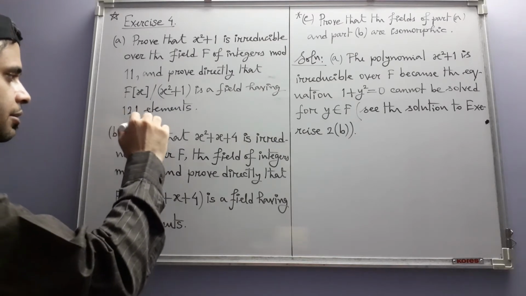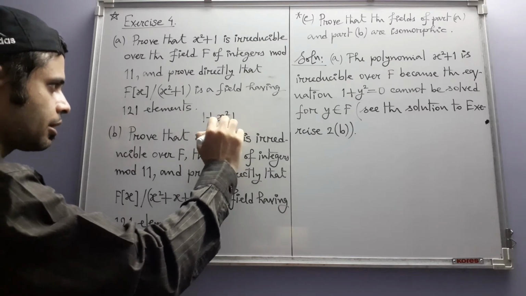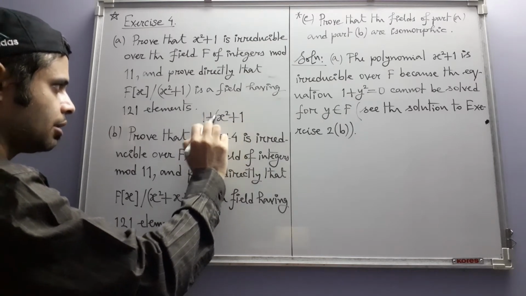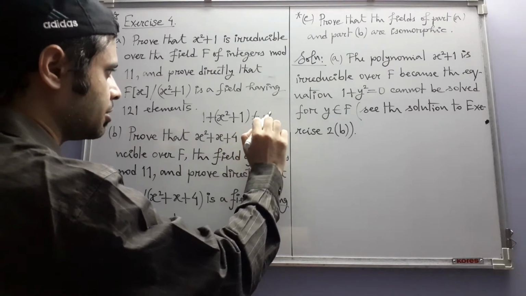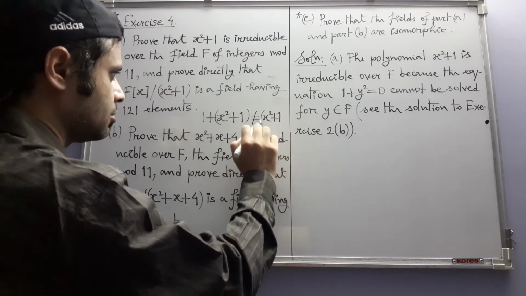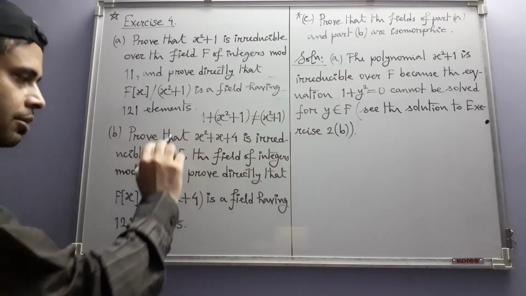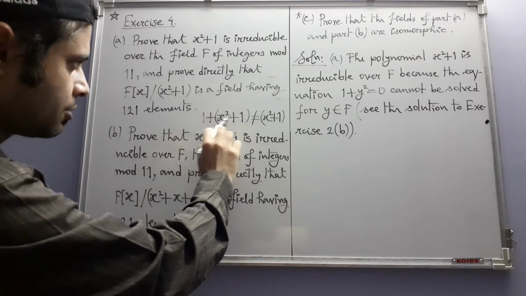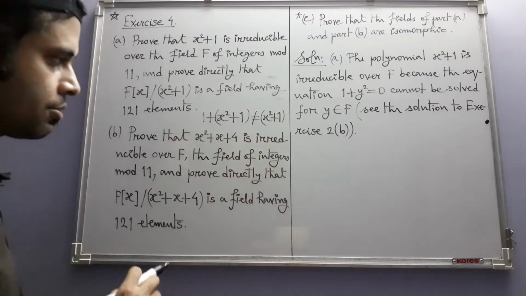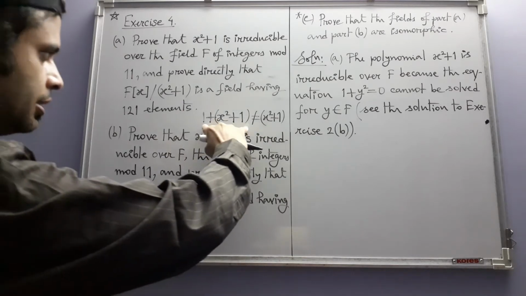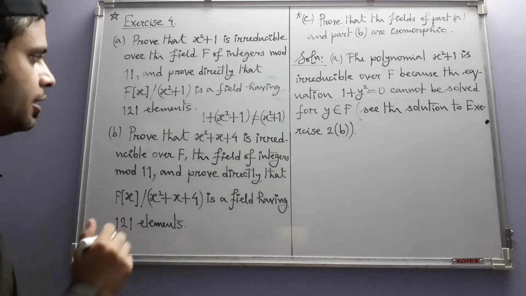Its unit element is the coset 1 plus this ideal x square plus 1, and we know that this is different from the zero element, which is the ideal itself. The reason being that the constant polynomial 1 does not belong to the ideal itself. So that's why this coset and this coset are two different things. So the unit element in this ring is different from the zero element, and there is a unit element.